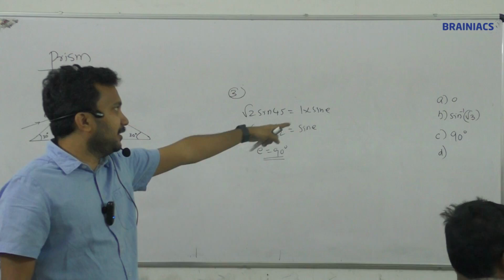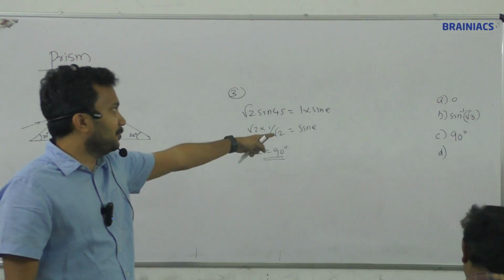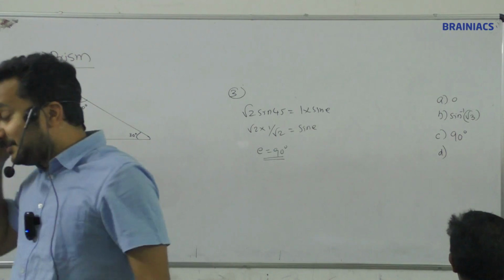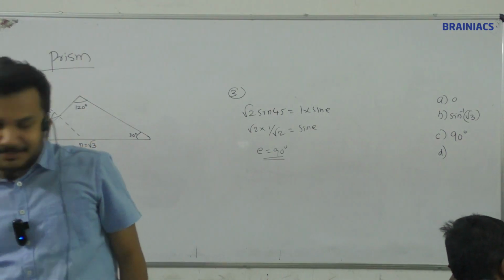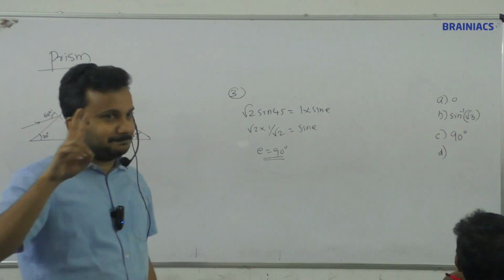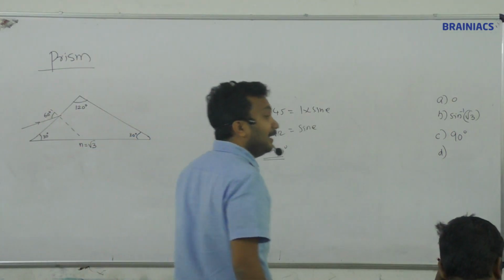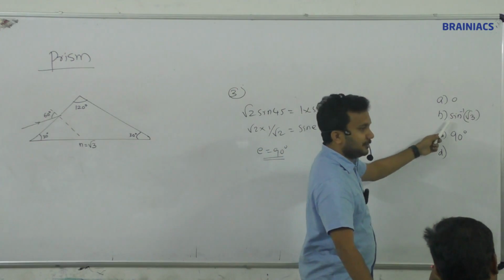Option A Sabari, option B Balasubramanian, option C Aishwarya, then option D. 90. Sin inverse of root 3.